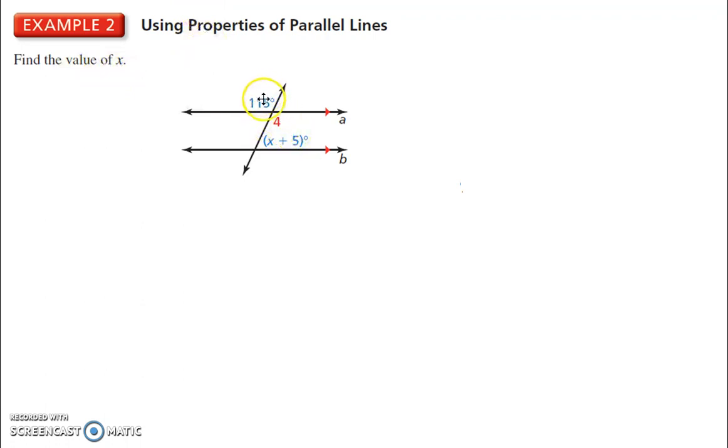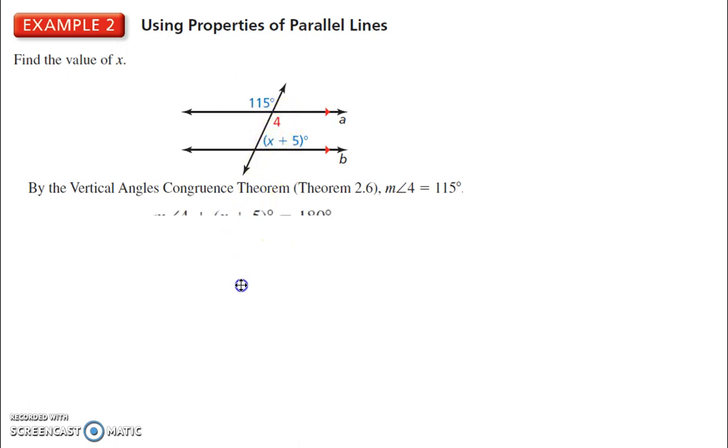Find the value of x using the properties of parallel lines. What do we know about these two? We don't know anything about these two in particular, but we know about 115 and angle 4. Angle 4 is also 115 degrees because vertical angles. Now that I know angle 4, I know these two are supplementary, so adding them gives 180 degrees.